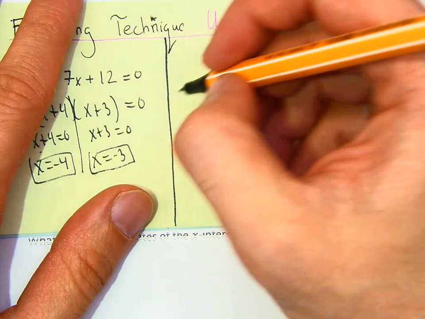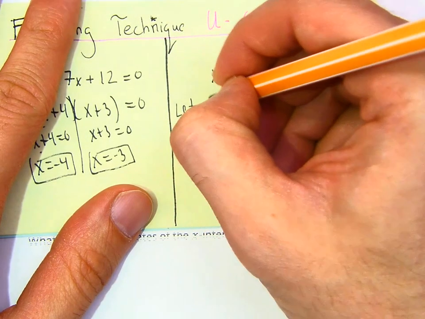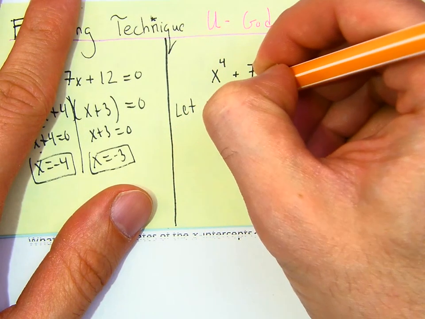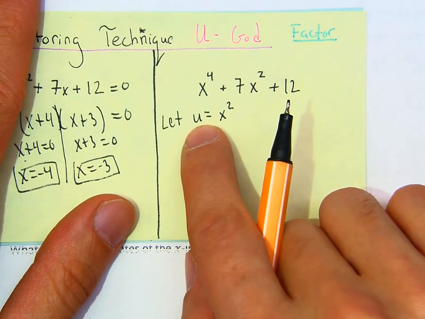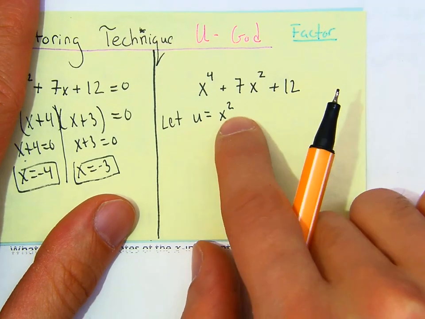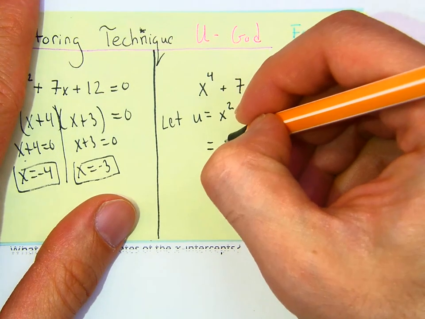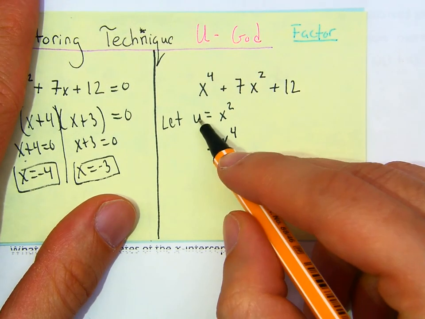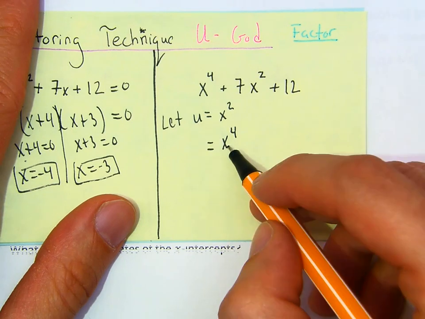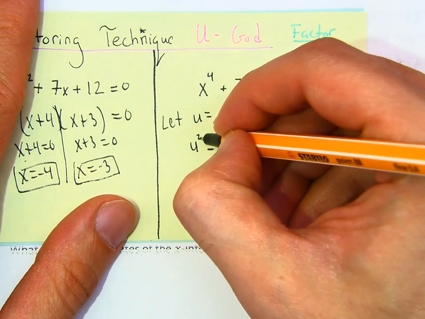What you do is you say, let u equal x squared, okay? So you're just gonna start it off like that. So if you know u is x squared, what does x to the fourth equal with respect to u? And this should be u squared.